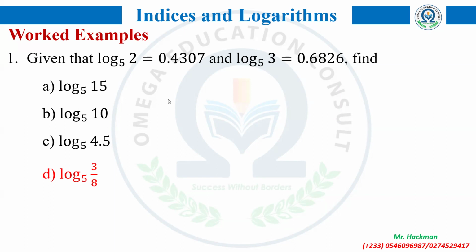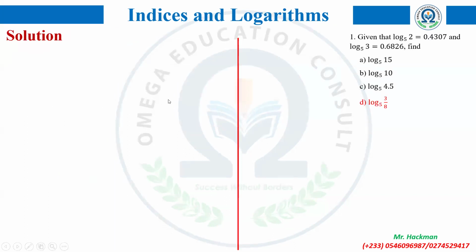So quickly, let's look at the solution. As usual, the questions are normal. We are supposed to find, given this, so we extract the information given. Write question 1. What are we given? Log to the base 5 of 2 is 0.4307.